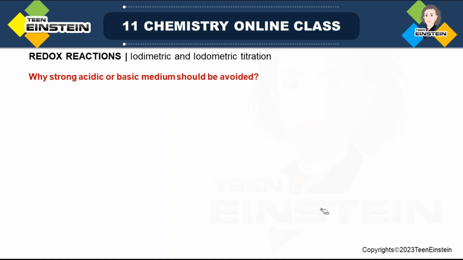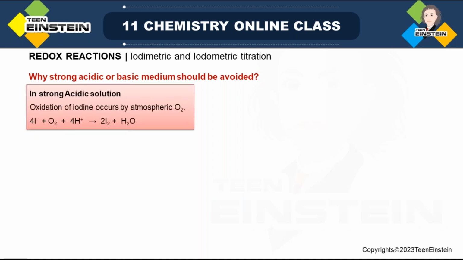Starch is actually a very complex molecule. Several glucose units are linked together. So when there is hydrolysis, the starch will be decomposed. It will be hydrolyzed to glucose units. So that is why strong acidic medium is harmful for the indicator.